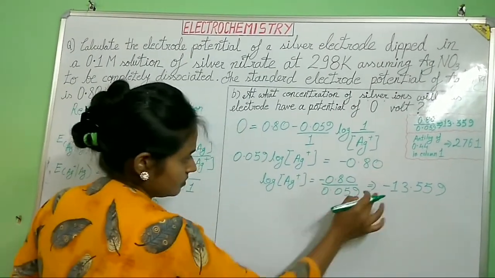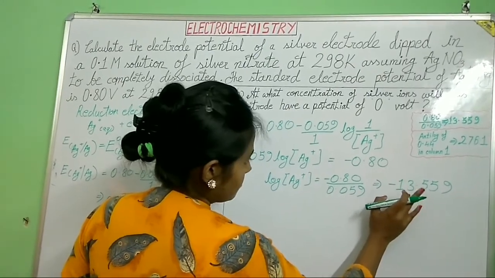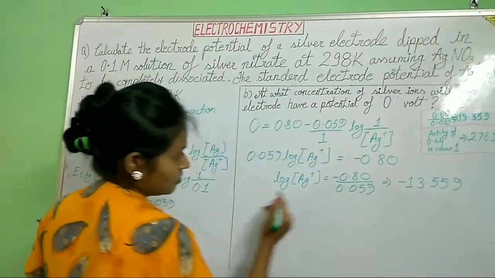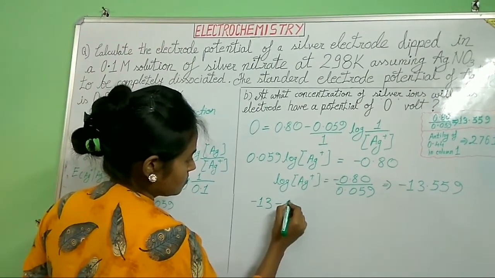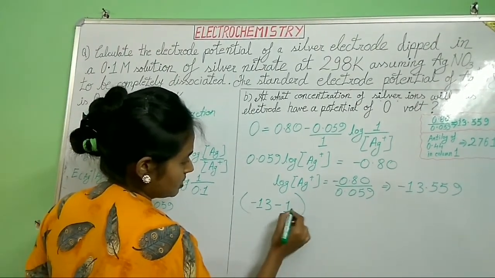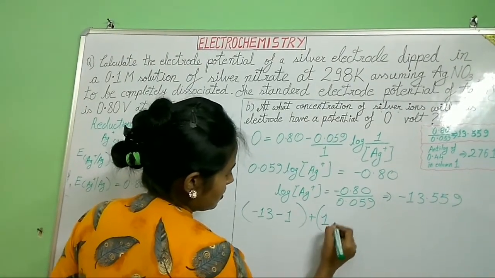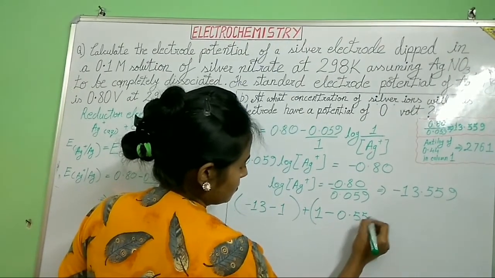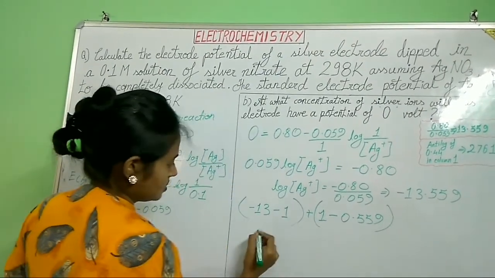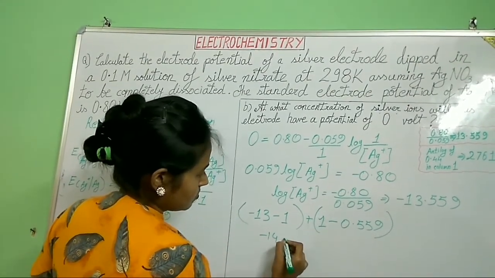Now, as we have to find the antilog, here it is minus 13. So, how to put the next step? Minus 13 minus 1. Now, if we have added minus 1, we have to add plus 1 also. Plus 1 minus 0.559. Right? So, minus 13 minus 1 will be minus 14. And if we subtract this, how much will we get?